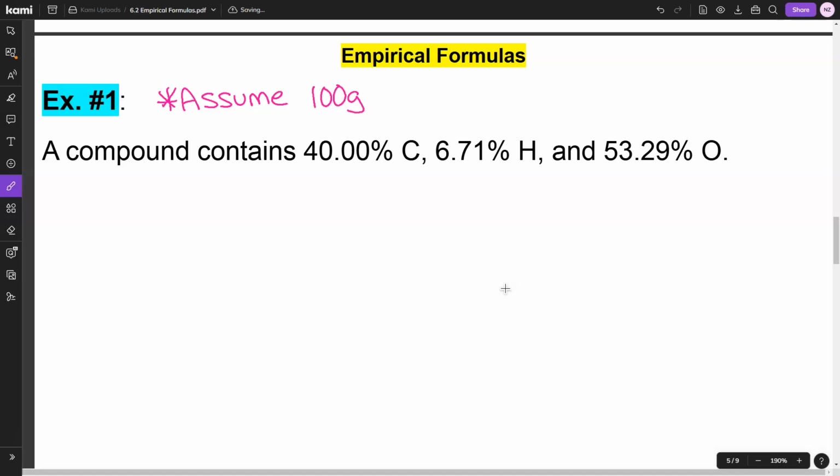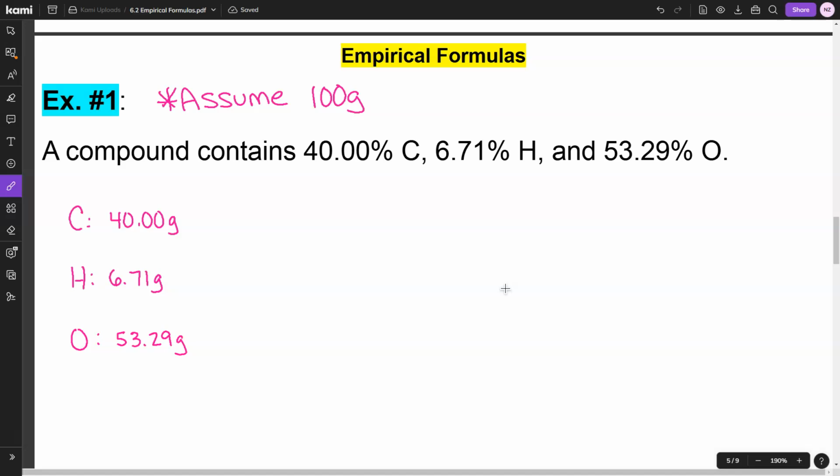So if I have 100 grams, 40% of that would be 40 grams. So I have 40 grams of carbon. Of hydrogen, it's 6.71%, so that's going to be, yep, you guessed it, 6.71 grams. Oxygen is 53.29. Just like that.